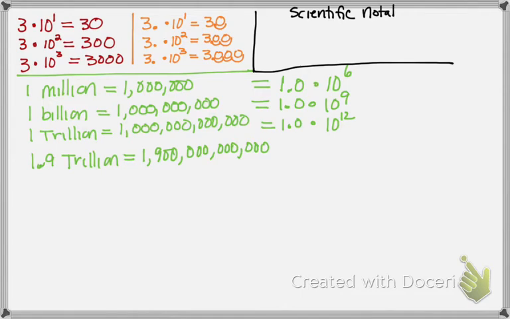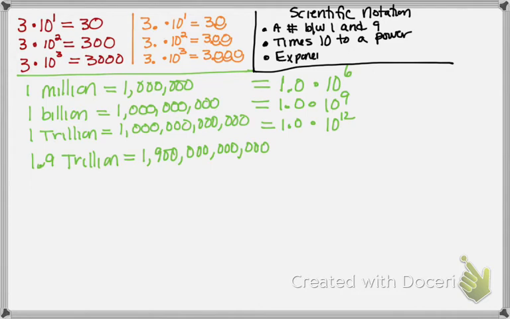The first rule is that it has to be a number between 1 and 9. Second rule, it has to be times 10 to a power. And the third rule is that the exponent cannot be a fraction or a decimal.